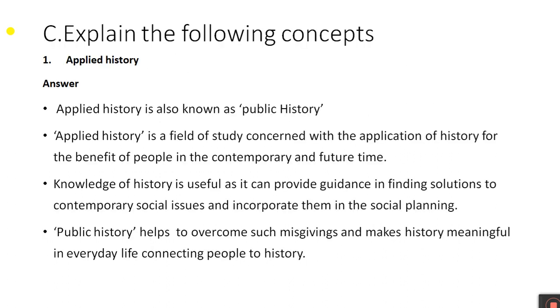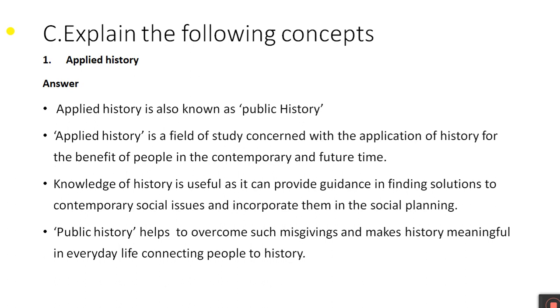C. Explain the following concepts. First question. Applied history. Answer. Applied history is also known as public history. Applied history is a field of study concerned with the application of history for the benefit of people in the contemporary and future time.